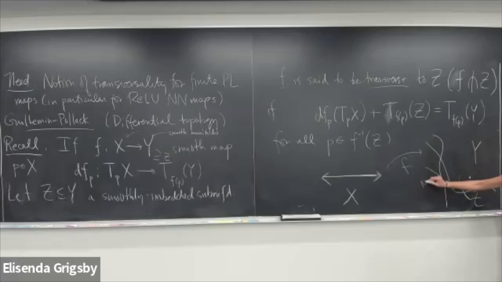This is non-transverse. Transverse. And in fact, if the image misses Z, then that's automatically vacuously transverse, because you don't have any points in the pre-image of Z.